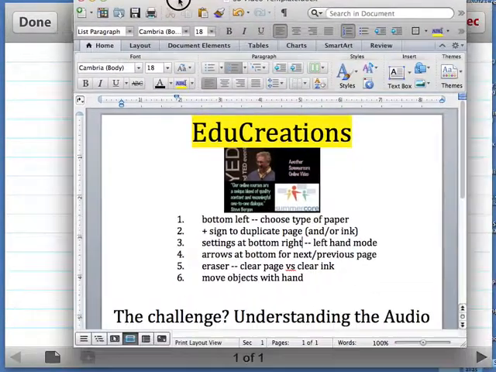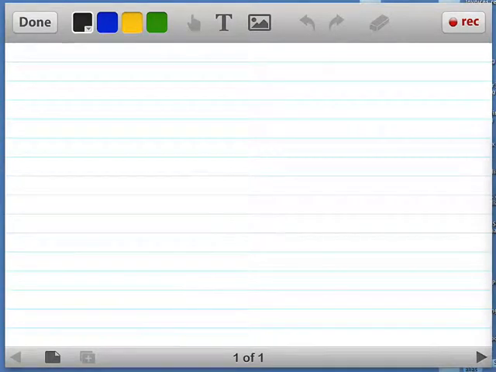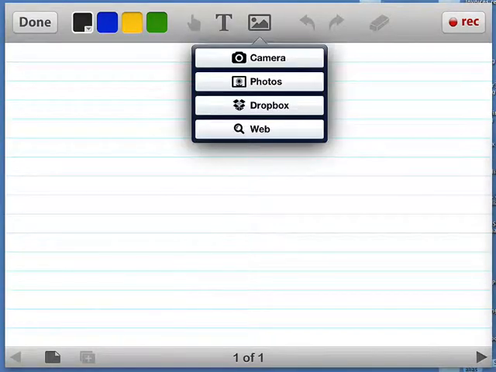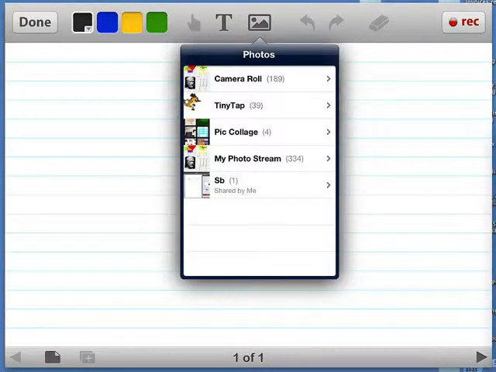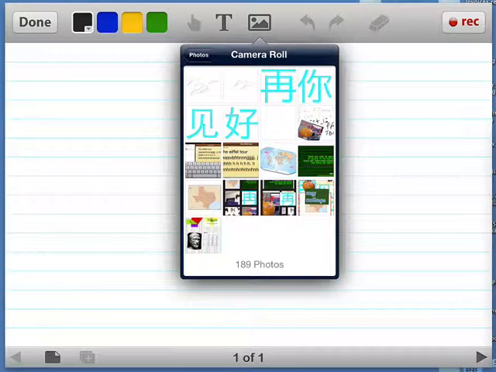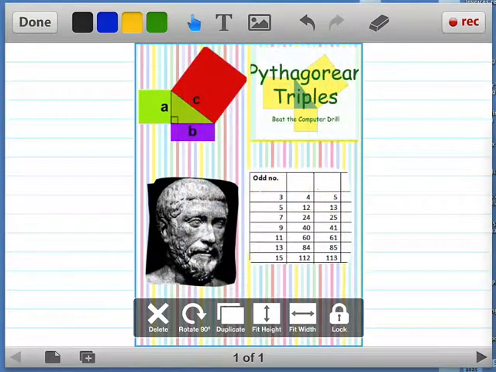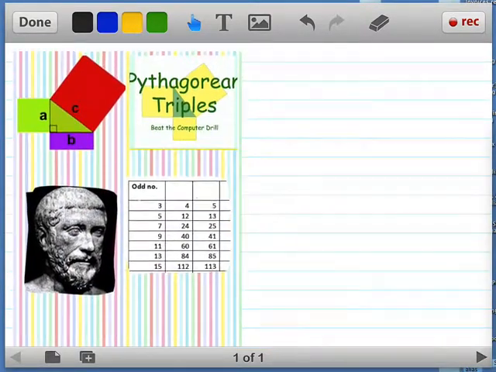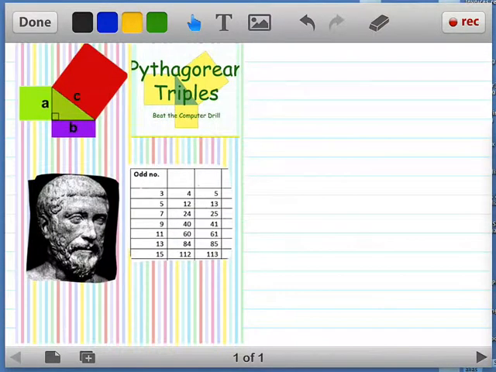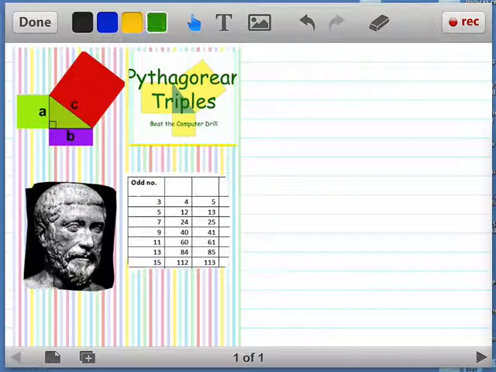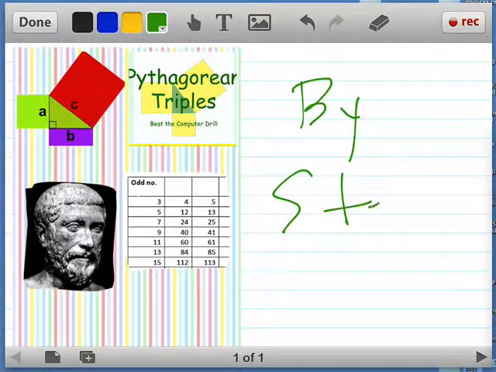I never told you about clearing the page versus clearing the ink, so that when you get a picture, and I will get a picture from my camera roll. And here's a picture that's going to turn to a project with Pic Collage that I made. But that picture now is going to be a picture that's different than the ink that I put on here.